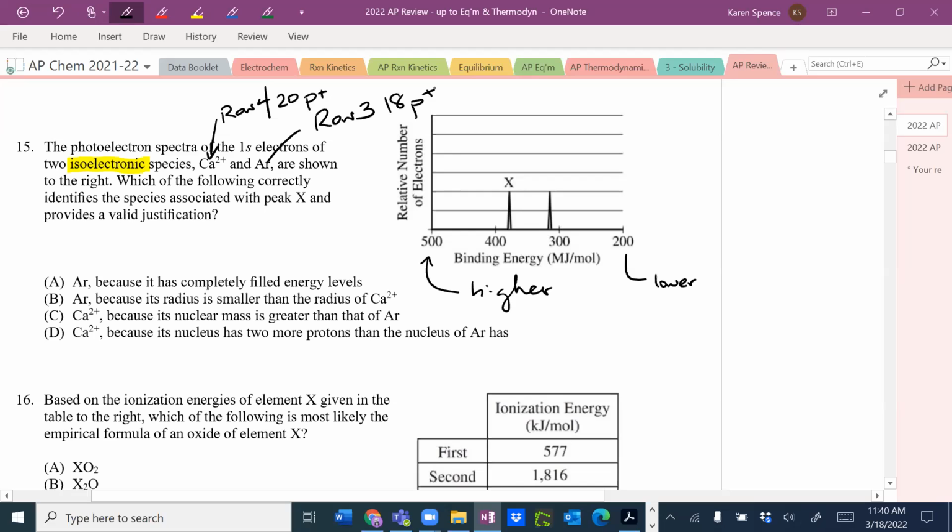Which of the following associates peak X and the justification? Okay, so these are the 1s electrons. And one of these peaks is for calcium and one is for argon. And we want to know the one which has the higher binding energy.